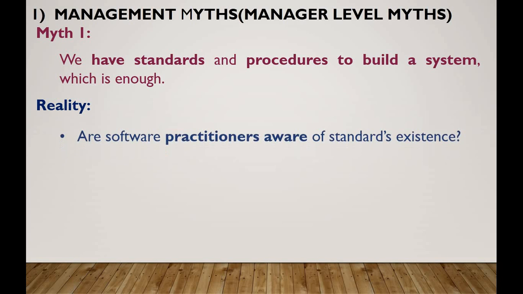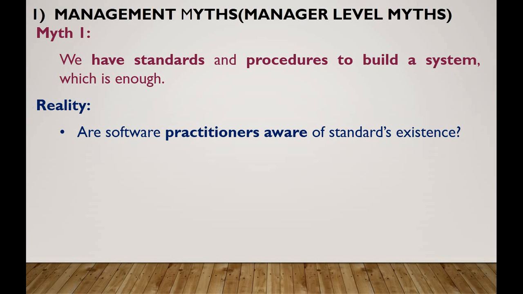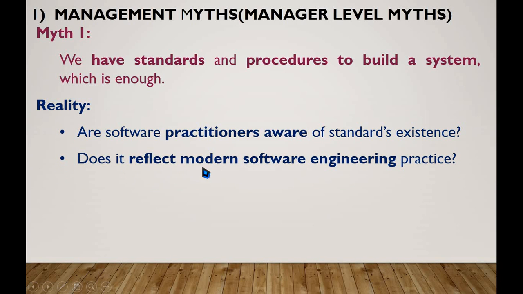Reality says: first, are software practitioners aware of the standard's existence? Meaning the company has standards and procedures to build a system, but do the practitioners, the developers, know about that standard? Second, does it reflect modern software engineering practice? The company has a standard and procedure, but does it reflect modern software engineering or not? Third, is it complete? Meaning they have standards and procedures to build a system, but are they complete or not?